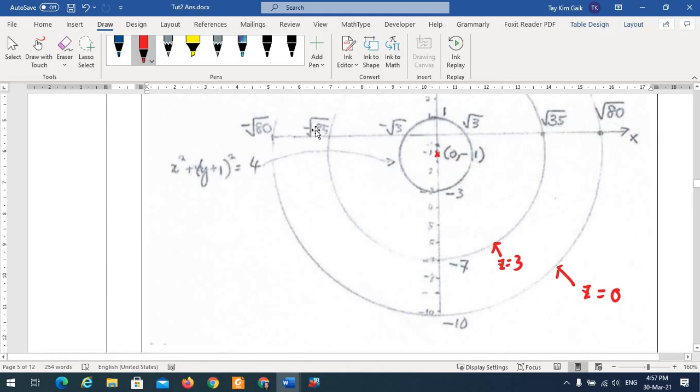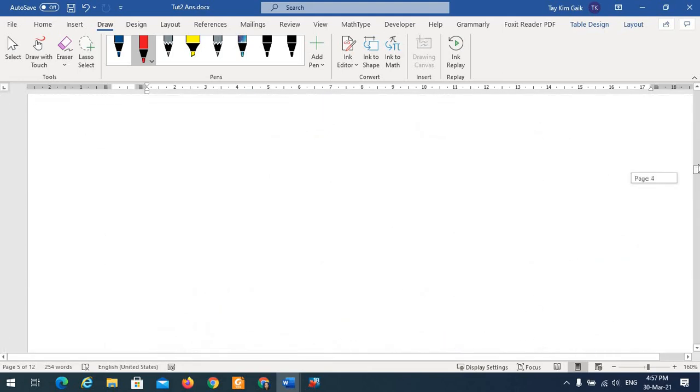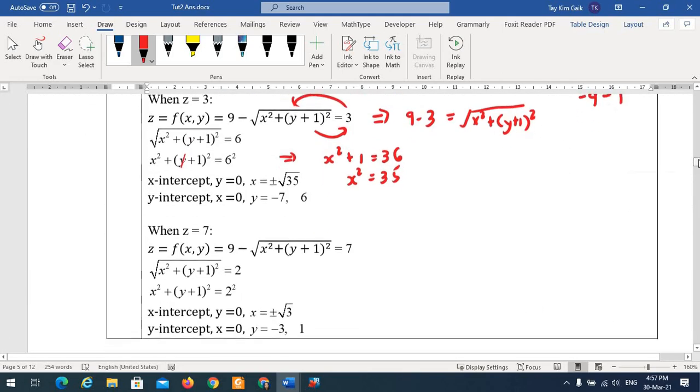The radius is 6 units. Here is already 1, so go up 5 more, that's why this is 5. And go down from negative 1, add 6 more units, so this is negative 7.